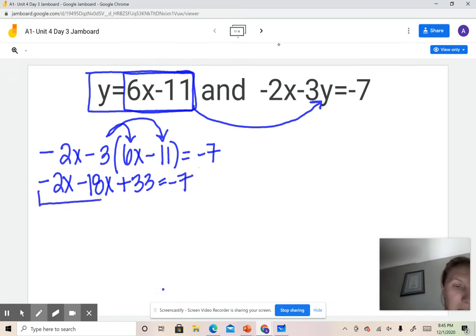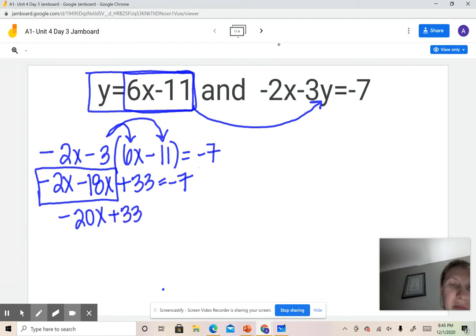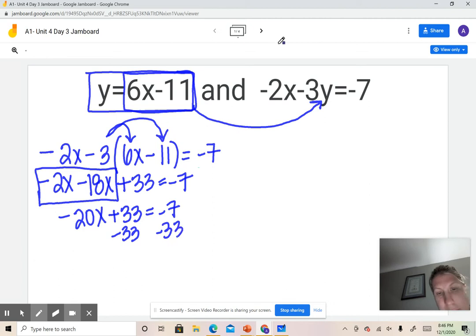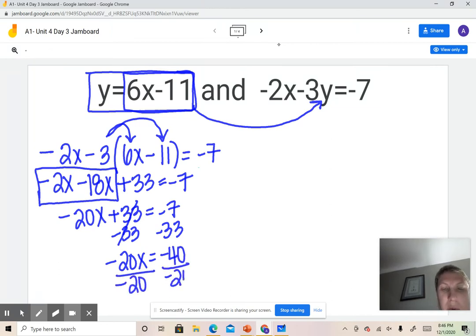Now, you have like terms, so make sure you combine those first. So negative 20x plus 33 equals negative 7. Now you're solving for x. So when you're solving for x, you're going to subtract 33 from both sides. Cancel. So negative 20x equals negative 40. Divide by negative 20 on both sides to get x by itself.